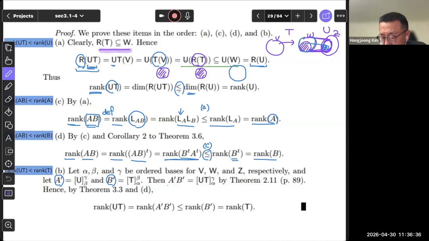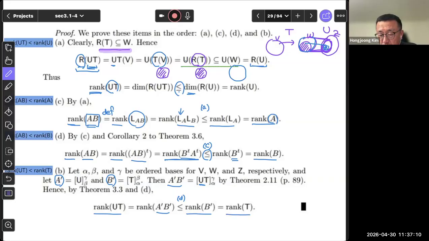Then this product will be a matrix representing this composite with respect to alpha and gamma. That's what we learned before. So the rank of this is defined by the rank of the product of the matrices, and by D, the rank of this product cannot be greater than the rank of B prime, and the rank of B prime is the same as the rank of T.